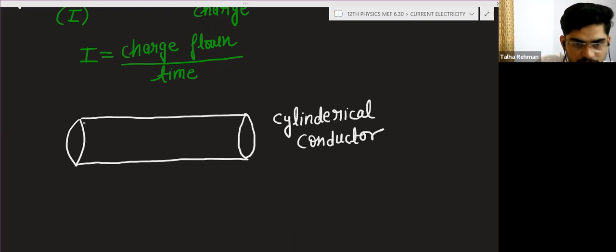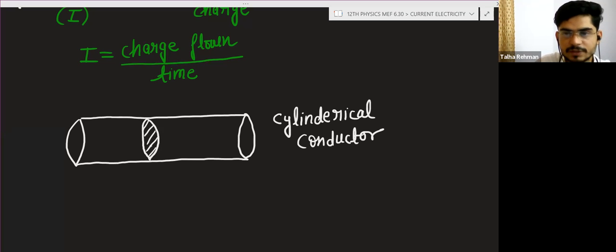Now suppose this is the cross section area of the cylinder, and this cross section area is constant. That is why this is a cylinder.